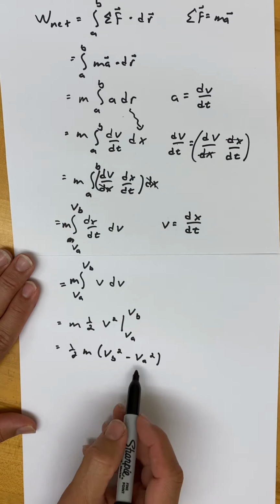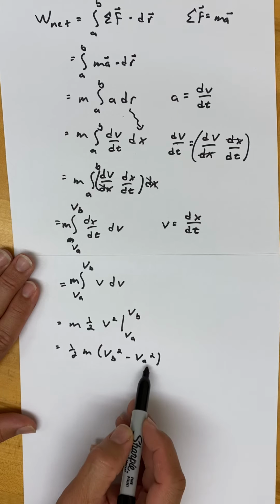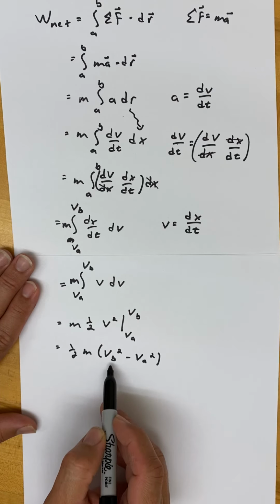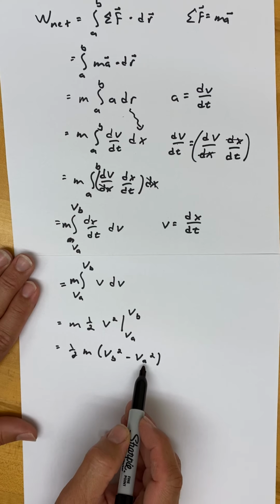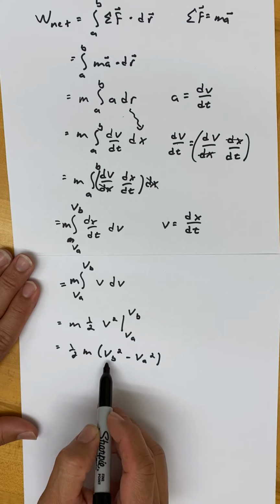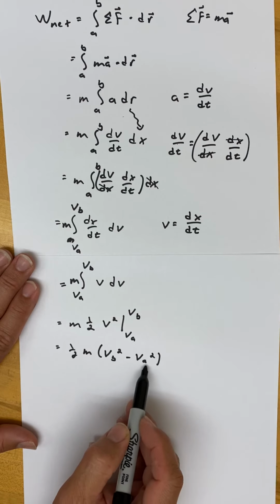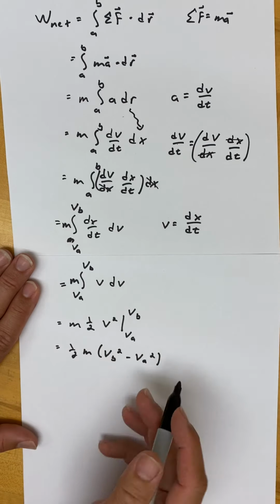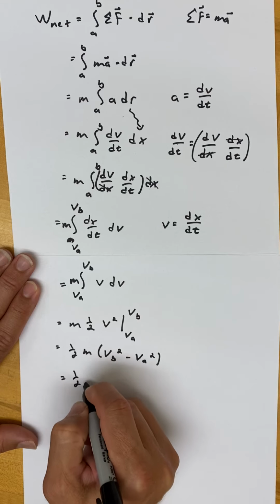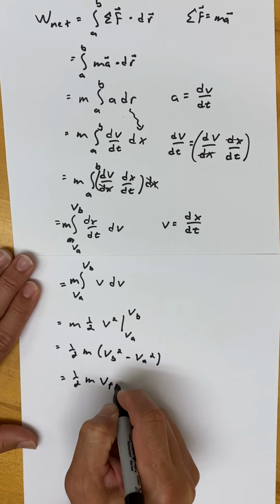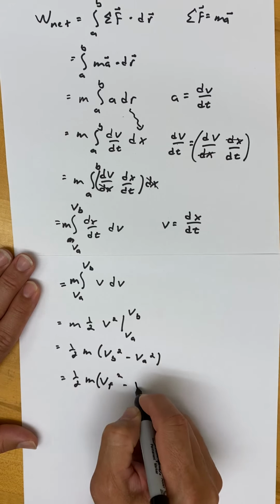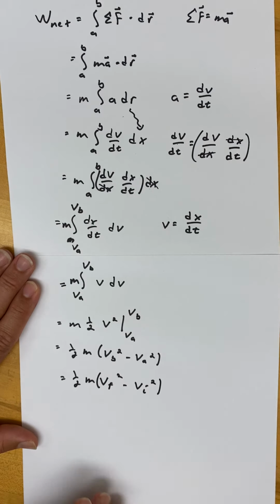If I remember what I'm doing here, I'm moving from point A to point B. In other words, this is my velocity initially, this is my velocity finally. Let me make this specific case from A to B general by recognizing that what I have here is my final velocity squared minus my initial velocity squared.